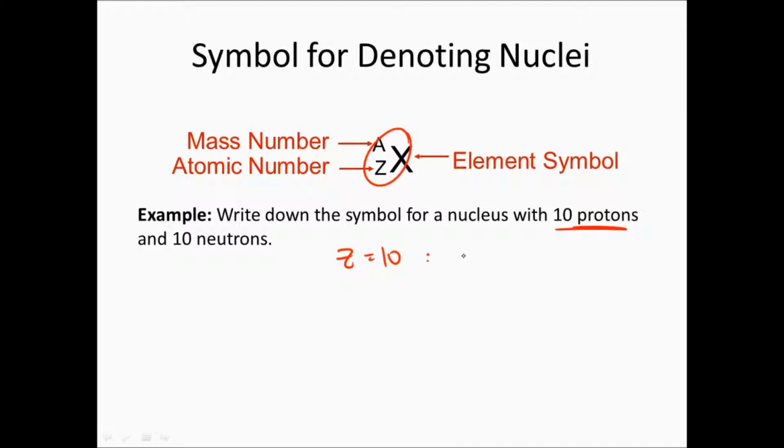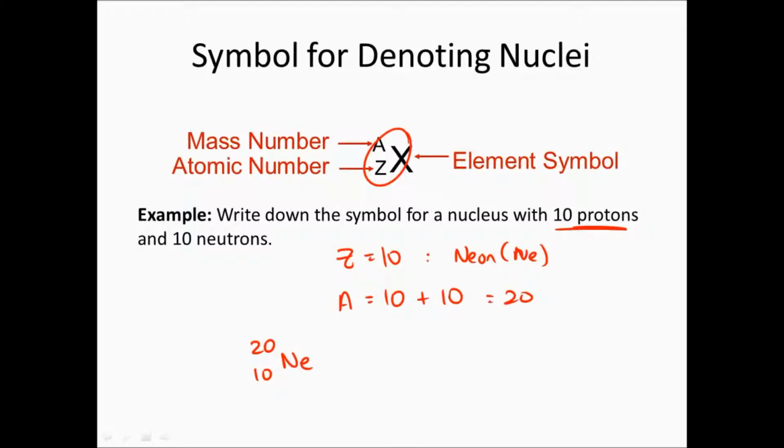And if you look at the periodic table, it is neon. The mass number is the number of protons, 10, plus the number of neutrons, 10, which is 20. So we put 20, 10, neon.